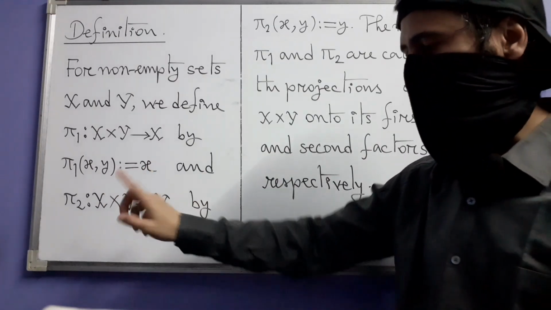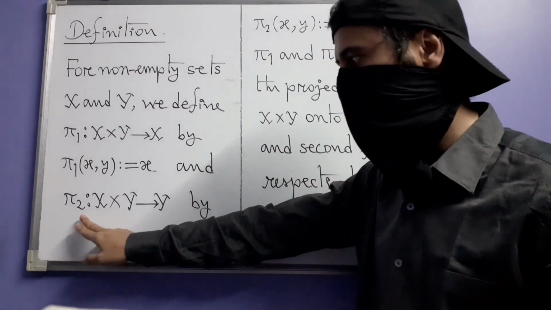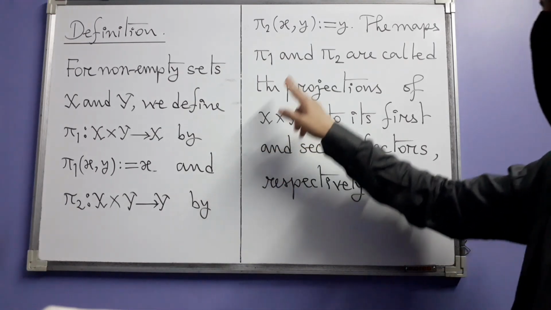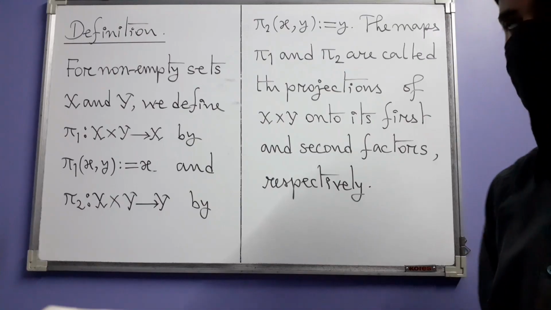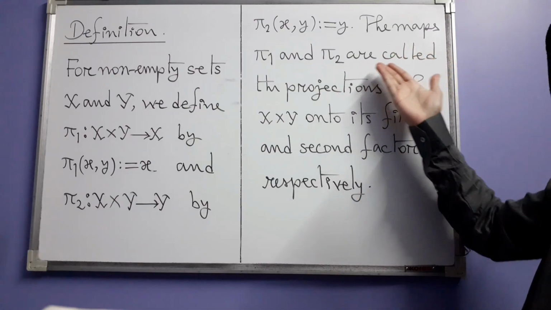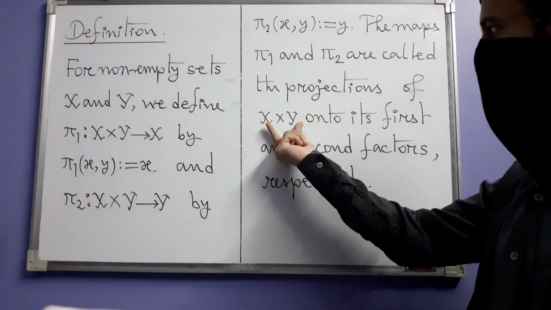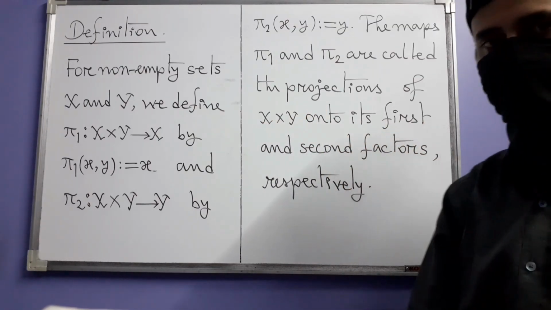And then there is this other function, a similar one but a different one, pi2, which maps X times Y into Y, and this one maps (x, y) onto y. We call these maps pi1 and pi2 the projections of X times Y onto its first and second factors respectively.